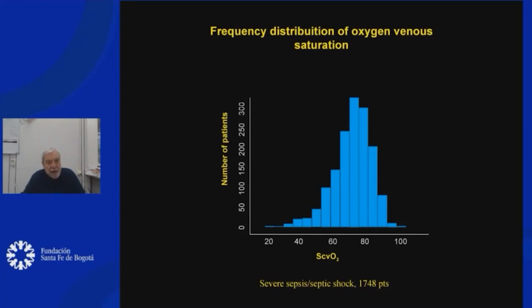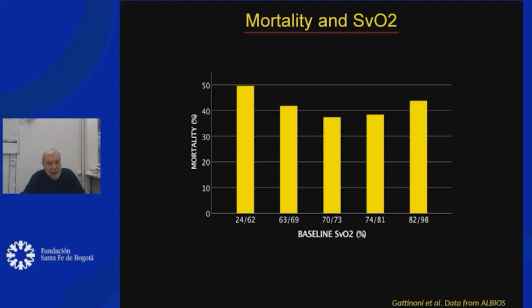So very simple, you can consider this one transport, this one utilization. So, look at the mortality. Mortality is very high. These are six types of SvO2.